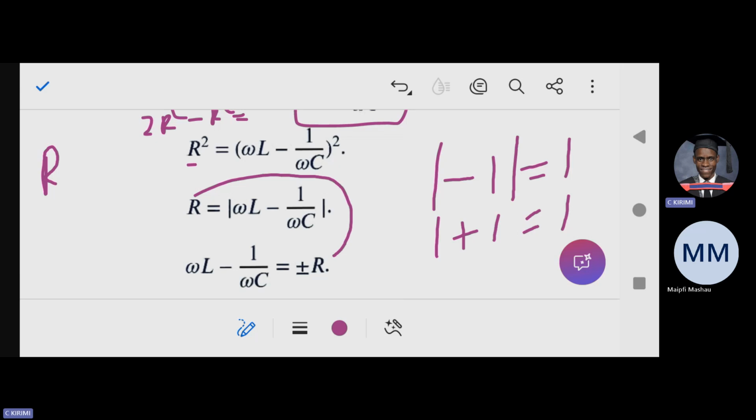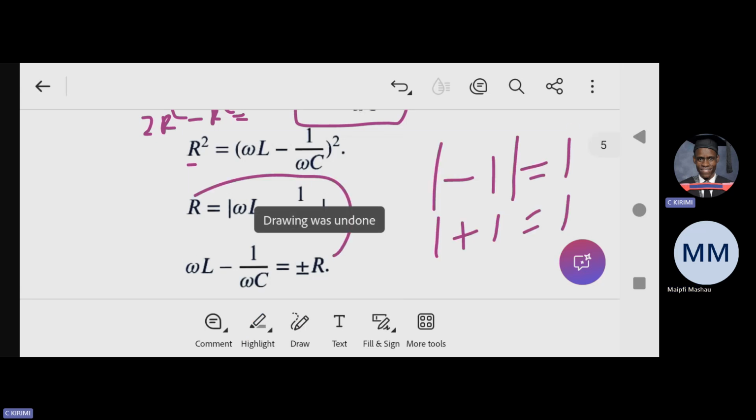In other words, they are saying resistance can never be negative. You can't say the resistance of the circuit was -5 ohms. I remember that from physics. Resistance cannot be negative, so that's why they put the absolute.